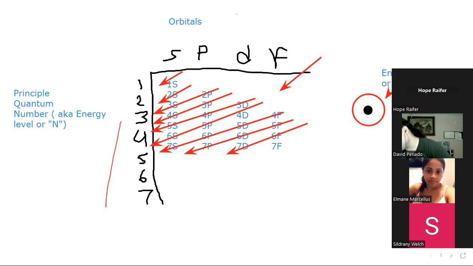To make it simpler, because pretty much the other quantum numbers, it's just talking about how the atom spins, how the atom orbits around the other section.